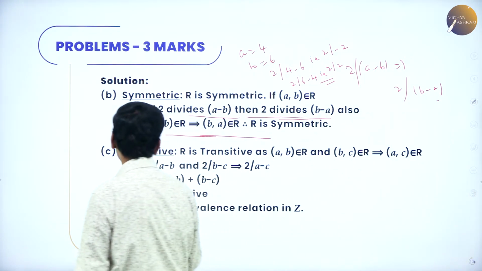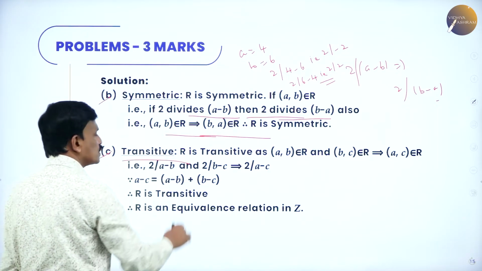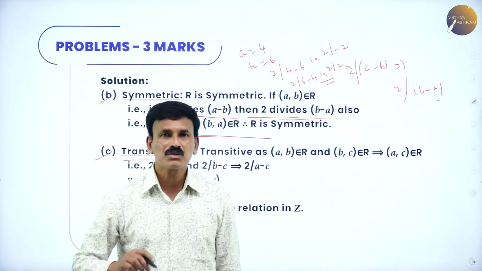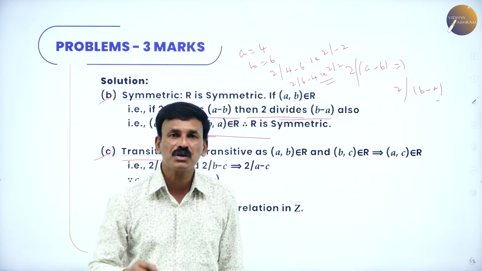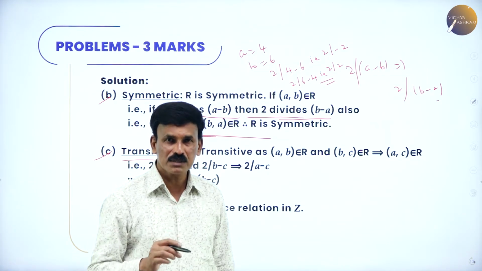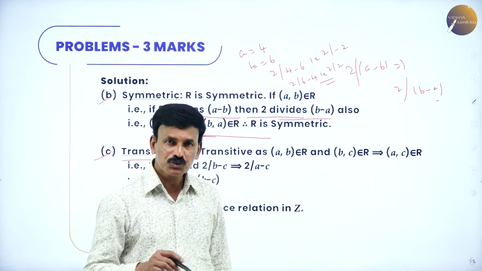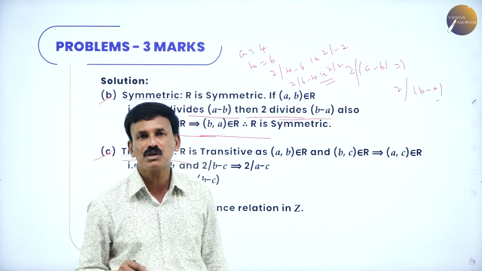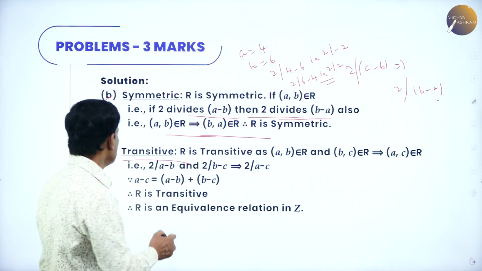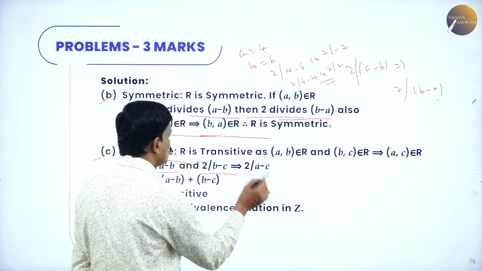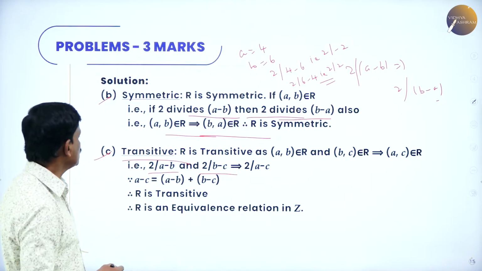Now let us come to the third one, the transitive property. What is the transitive property? If (a, b) belongs to R and (b, c) belongs to R, implies (a, c) belongs to R. That is, if 2 divides a minus b and 2 divides b minus c, then 2 also divides a minus c.